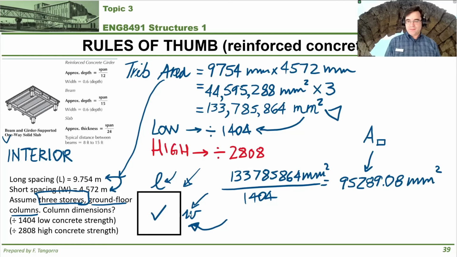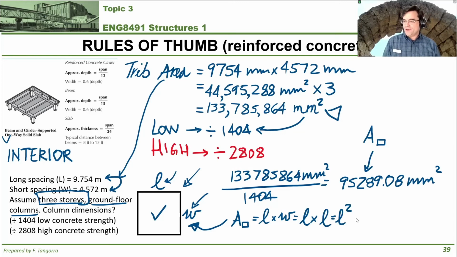Now here's the nice thing: because this is a square, the area of a square is length times width. And because the length and the width are the same, it's like saying length times length, or length squared. So if we want to find the length, we just do the square root of the area. Now I'm running out of space, so I'm going to write it in the top right corner.